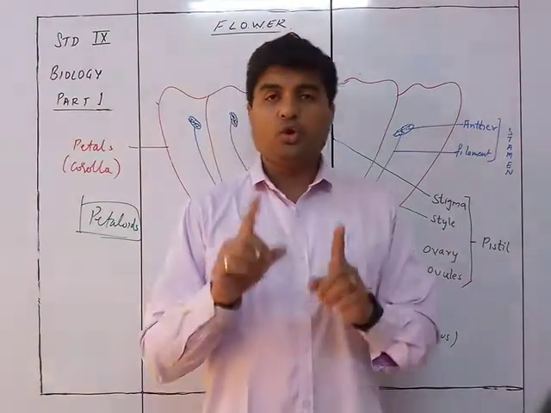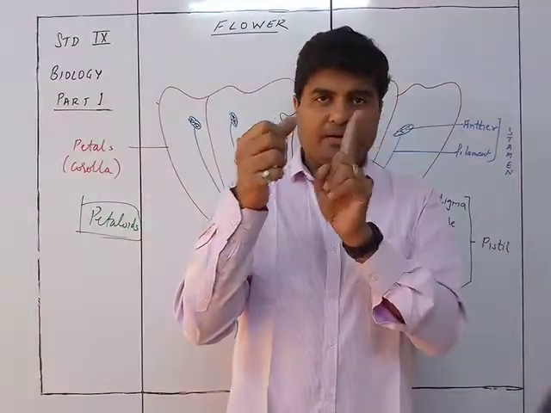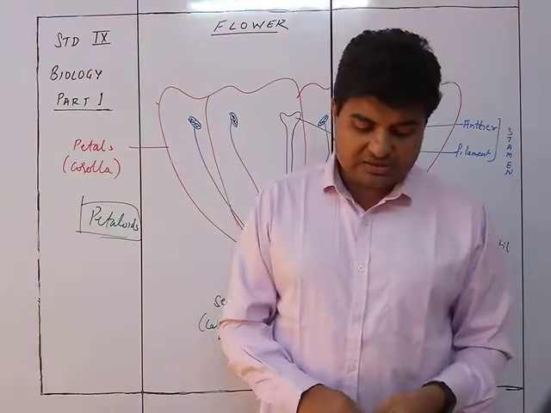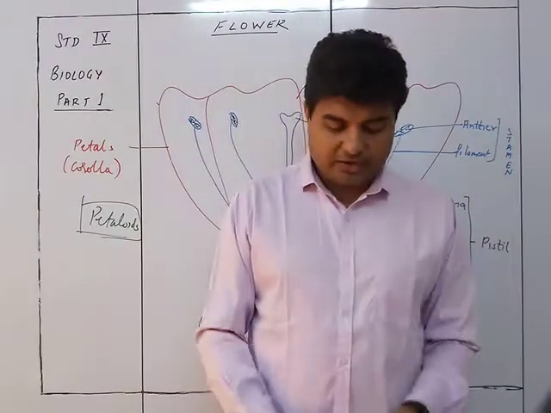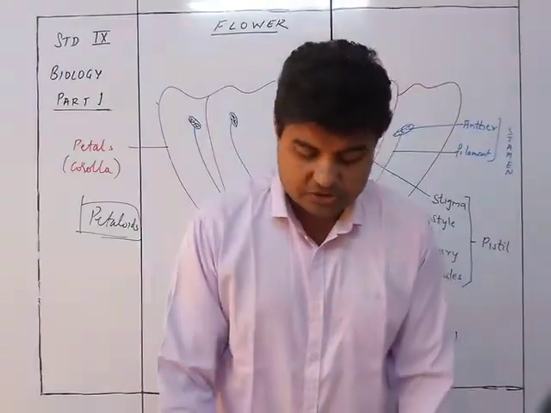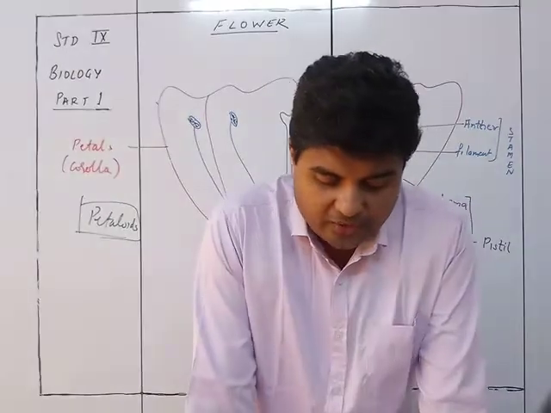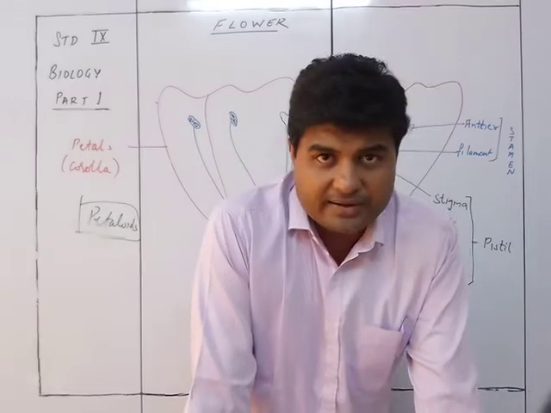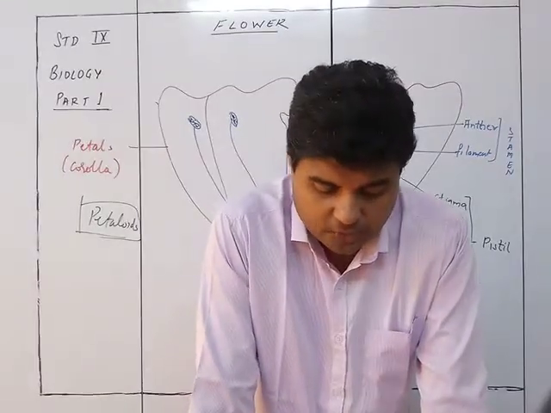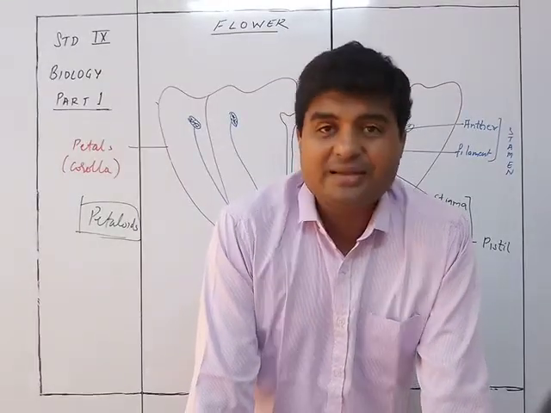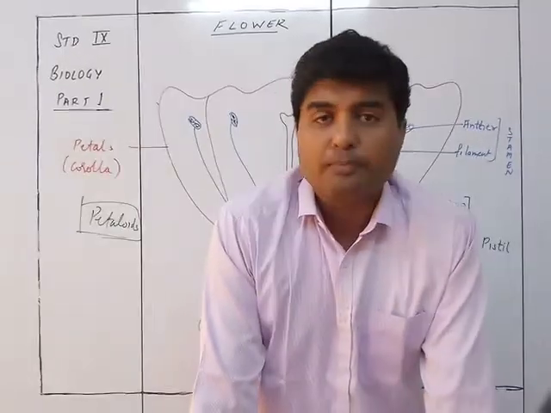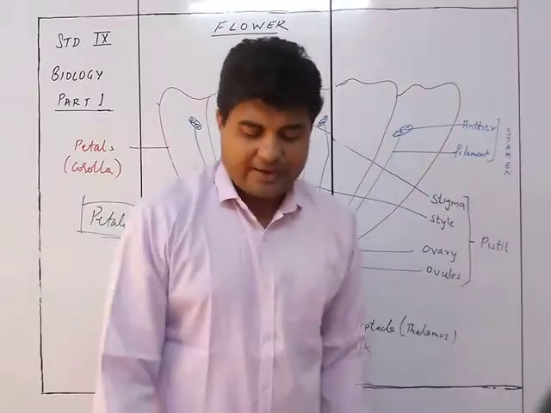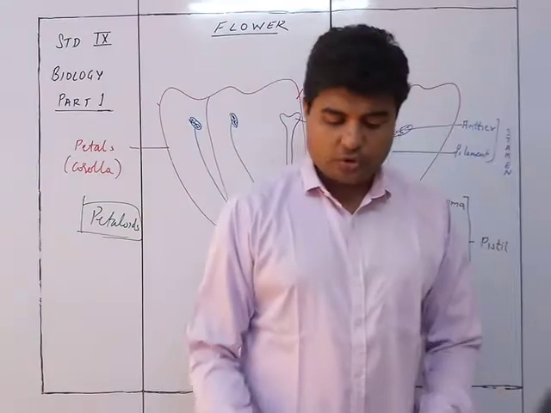If it is in two groups, 9 together and 1 separate, it will be diadelphous. And if it is in several groups, it is polyadelphous. So accordingly, you have the androecium. If it is free, then it is polyandrous, and if it is grouped together, then it will be either single grouping like monoadelphous, double group as diadelphous, and several groups as polyadelphous.